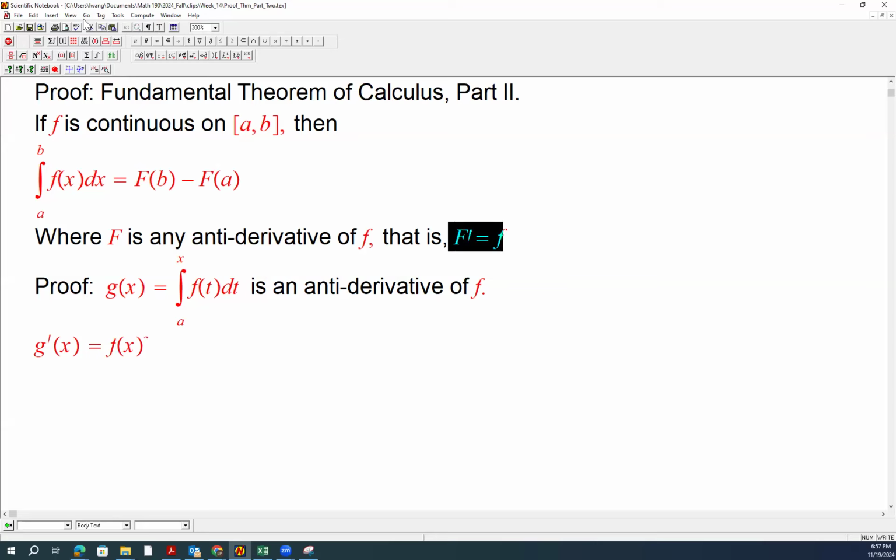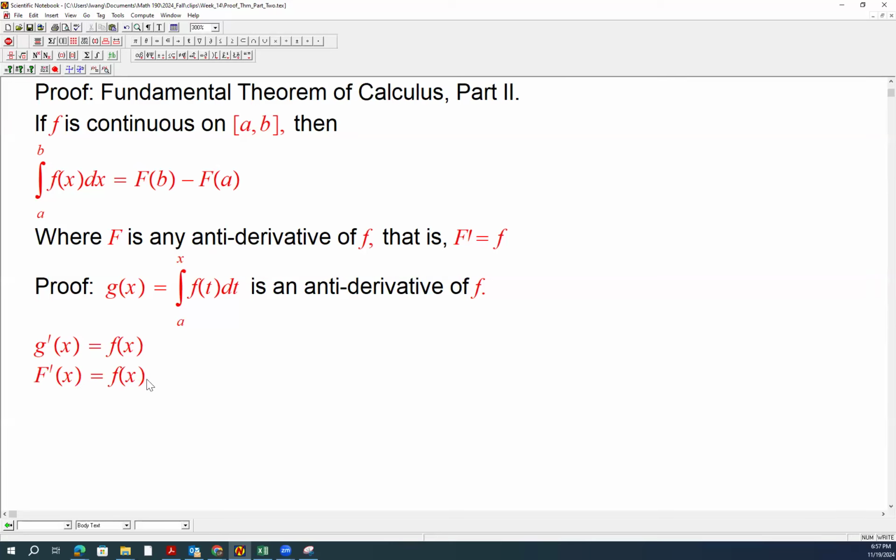And now we have capital F. Oops, let me rewrite this, it doesn't look nice. So F prime is also equal to f of x. According to a theorem we learned in the section on the mean value theorem, g is an antiderivative and capital F is an antiderivative.